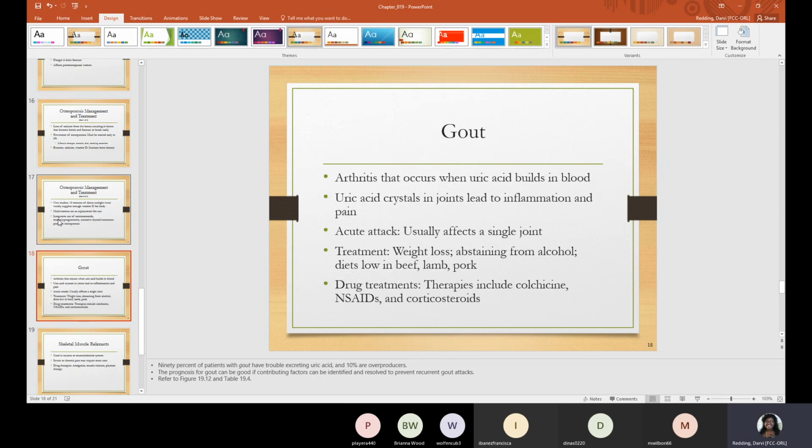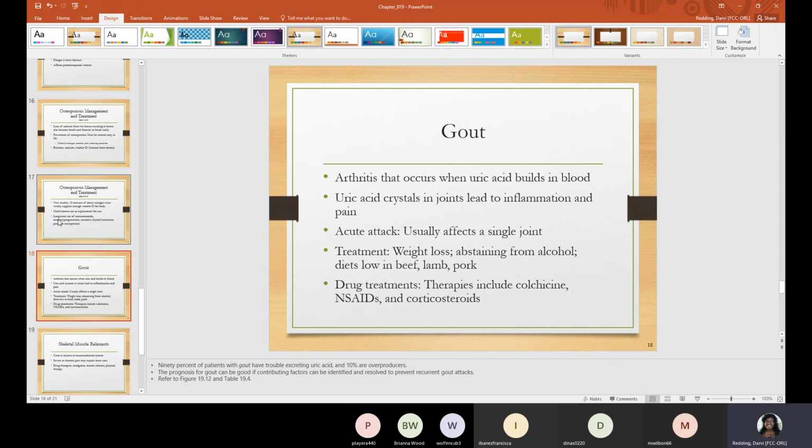With gout, it's also known to have some effects on the patient's toe. And so you can refer to figure 19.12 to see an example of that and what happens if a person has a real severe buildup of uric acid.